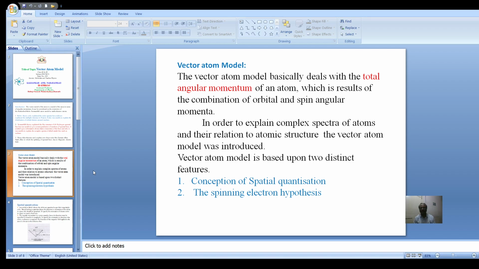The vector atom model is based upon two distinct features, namely one, conception of spatial quantization, and two, the spinning electron hypothesis.